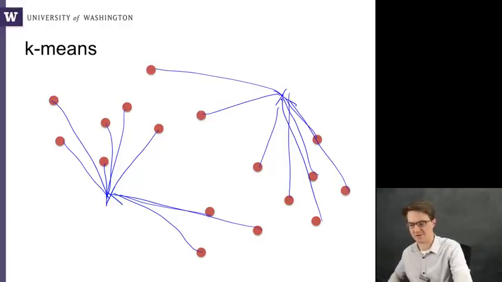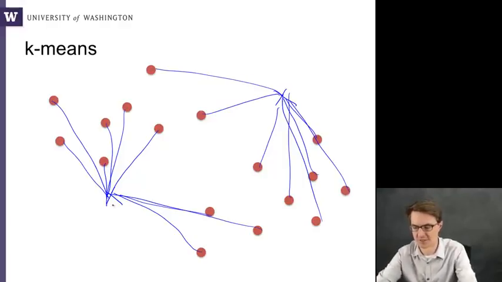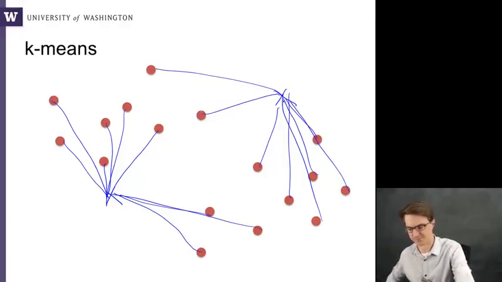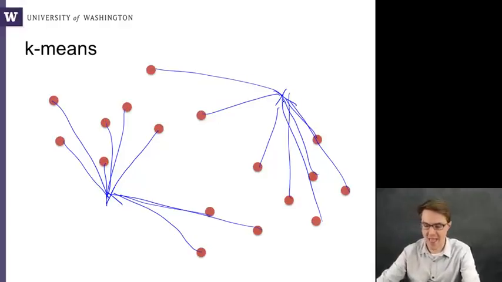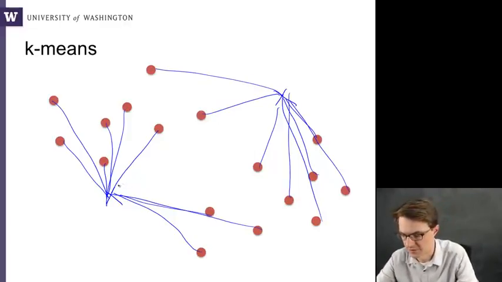And so this is our initial guess of the clustering. We think that all these points belong to this cluster and all these points belong to this cluster. So now you take the average of all the positions in that cluster to compute a new centroid value and move the centroid there. So for example here, this one will shift this way, and this one will shift sort of this way.